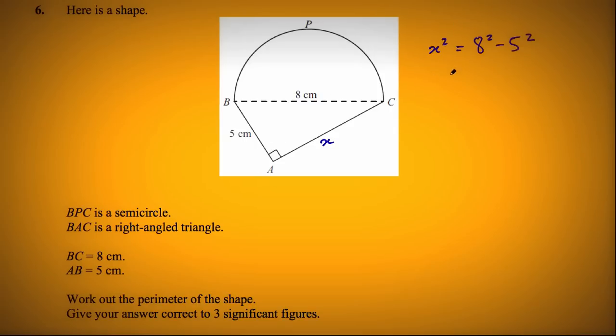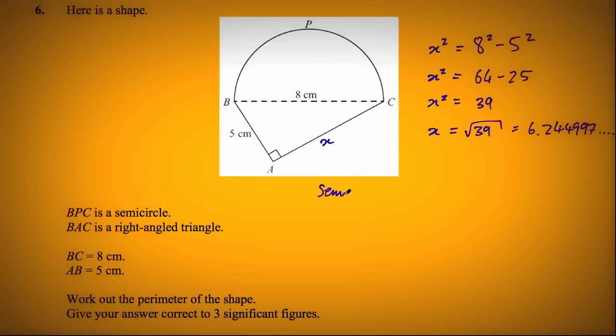So x squared equals 64 minus 25. X squared equals 39. So x equals the square root of 39, which equals 6.24499, etc. So that is this length AC.